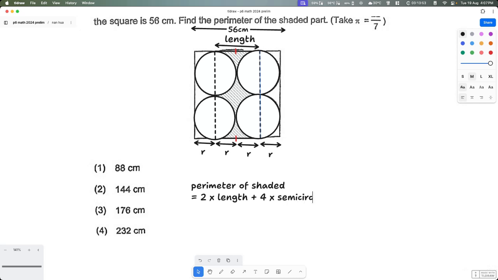And 4 times semicircle means it's basically 2 times length plus 2 full circles.